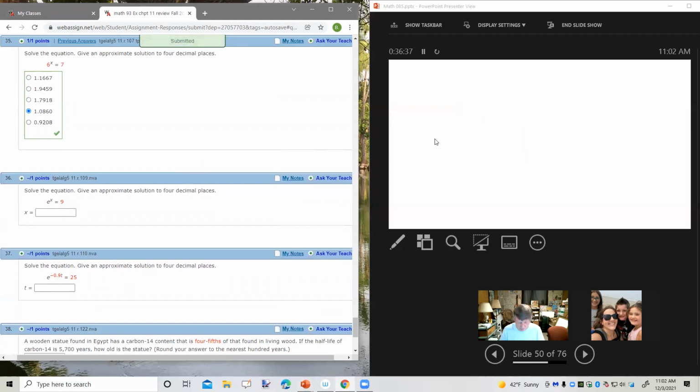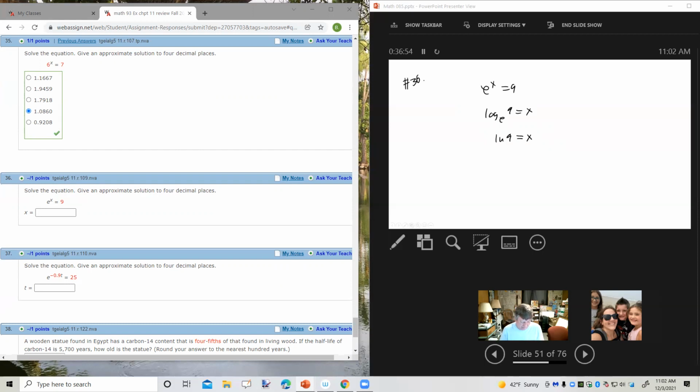All right, let's take a look at number 36. Solve the equation, e to the x equals 9. So log base e of 9 equals x, but log base e is just natural log.